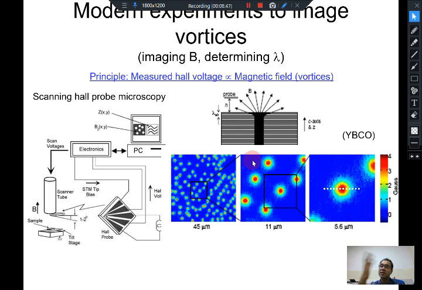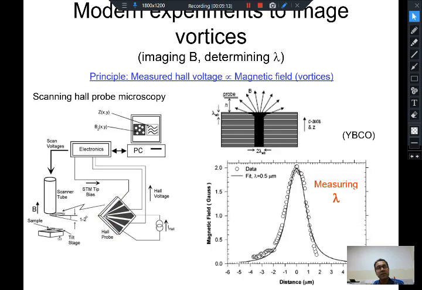Blue is the region where there is no magnetic field, and so you can see that there is a pattern of vortices which are generated. And here of course you see a disordered pattern of vortices. You don't see a very well ordered structure of vortices. This can happen in superconductors, and this is called scanning Hall probe microscopy. You can use these scanning Hall sensors to identify these exotic whirlpools which are sitting inside the superconductor.